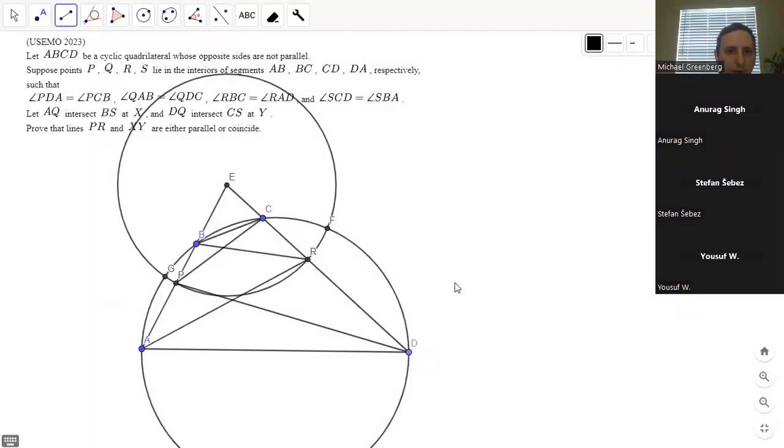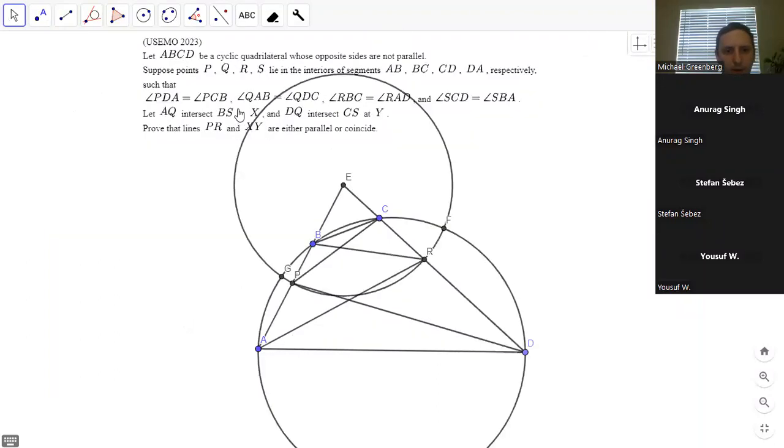And then as far as Q and S, let's think about that. Instead of letting AB meet CD, would I want to draw BC meeting AD, right?